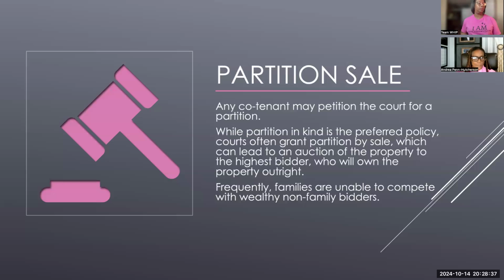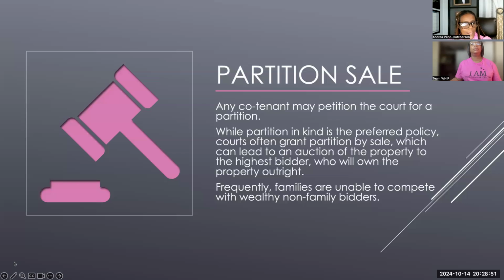So those are some protections that are added into the law. Depending on what state you're in, you would have to look to see if your state recognizes the Uniform Partition of Heirs Property Act, and then you would have to find legal counsel that's competent and knows how to navigate that law to resolve heirs property issues.